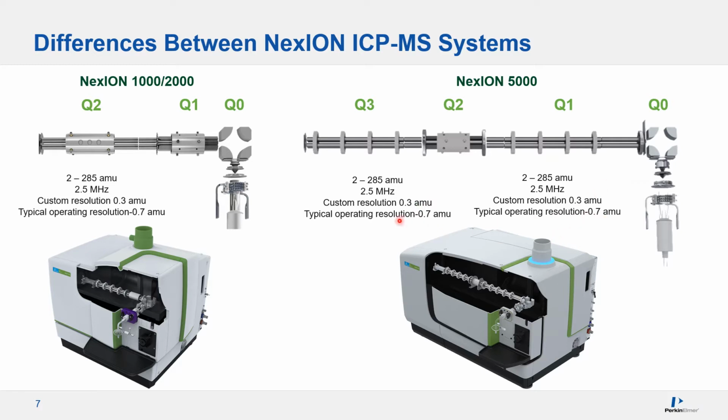Both are typically operating less than 1 AMU, usually around 0.7 AMU is how we optimize the system. So same great components that we had in the NexION 1000-2000 series have been incorporated in the NexION 5000, which has made them better able to control, and added software features to handle that.